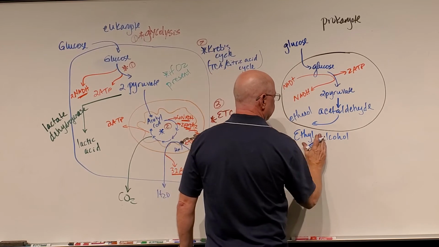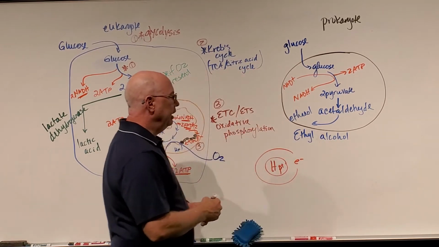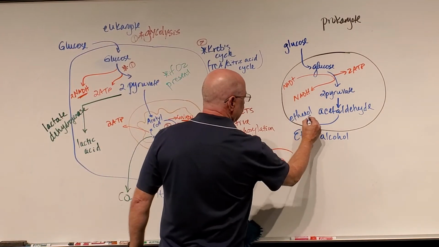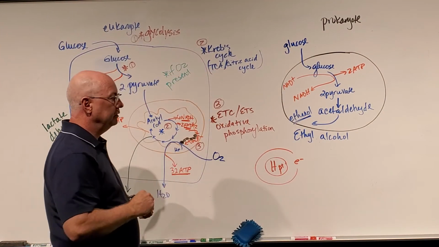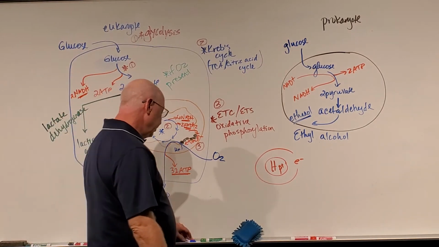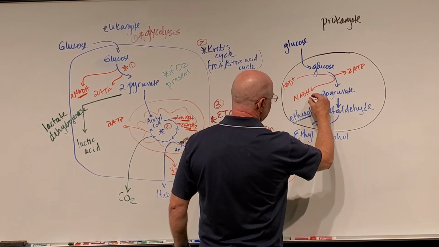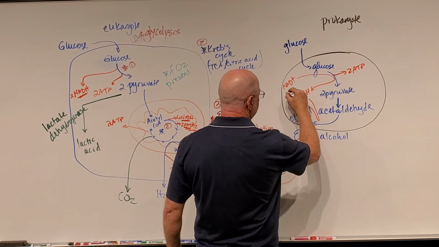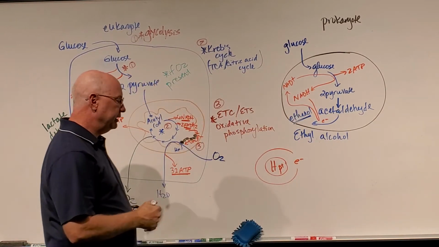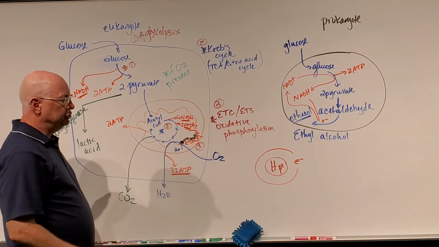Ethanol, or ethyl alcohol, is the byproduct of this process. And essentially what happens in this process is I take the NADH and I convert it into NAD plus and take the electrons off, and we convert acetaldehyde into ethanol.